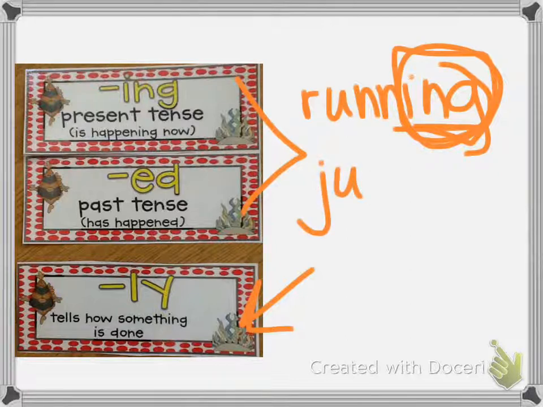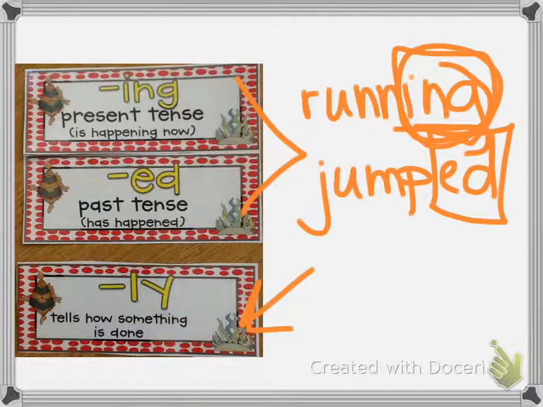If I have a word like jumped, what that suffix tells you is it already happened. It's past tense. You probably already learned about verbs and their tenses, but if not, this is a good reminder. Ing tells you it's happening now. Ed tells you it already happened. And this is important when you're reading a story or even a nonfiction text to know when your story happened. Is it all in past tense or is it happening now?